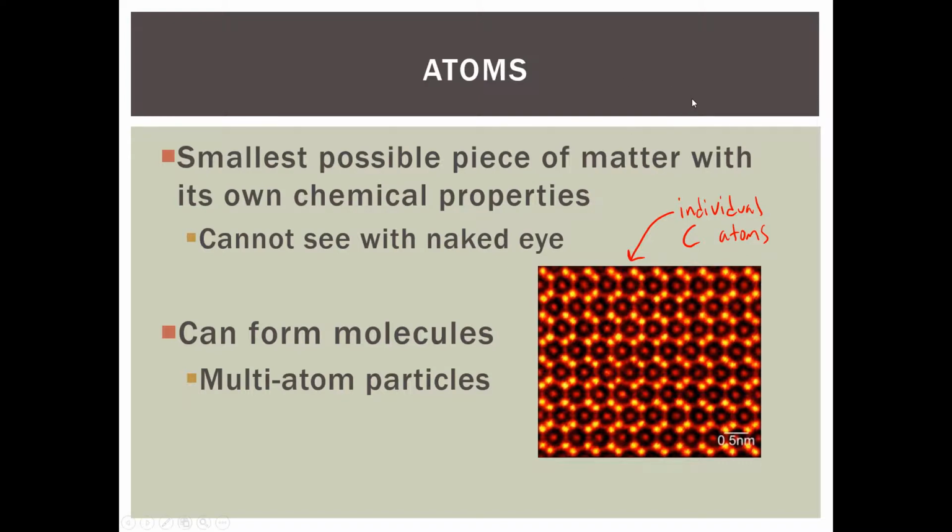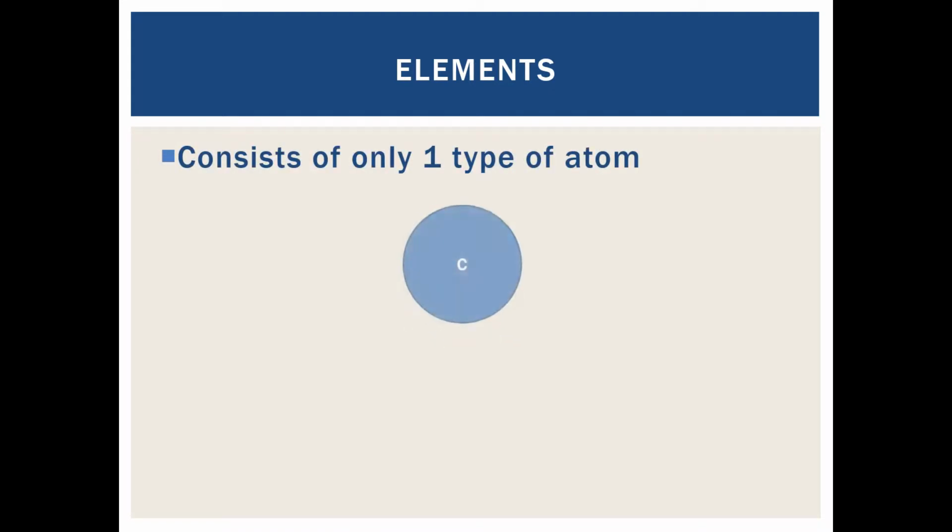Okay. Now, elements. They are a type of matter, a type of pure substance that consists of only one type of atom. Okay, so they can consist of many atoms, but they're characterized by being only one type of atom.